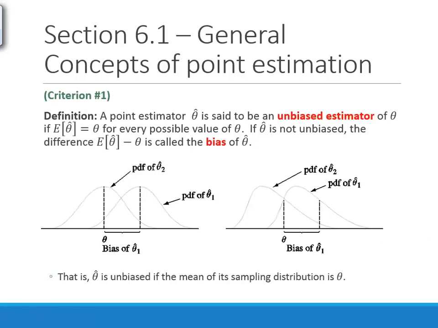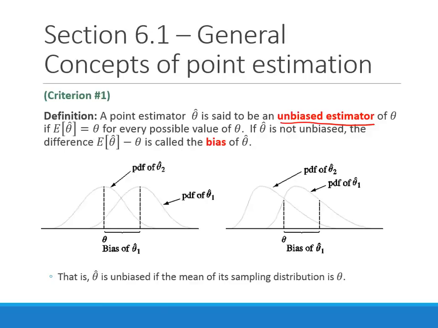Okay, so of the several criteria that we'll discuss, maybe just two in this chapter, this is our first criterion that we might use here, and that is this idea of choosing an unbiased estimator. A formal definition here: our point estimator theta hat is an unbiased estimator of theta if its expectation is equal to theta.